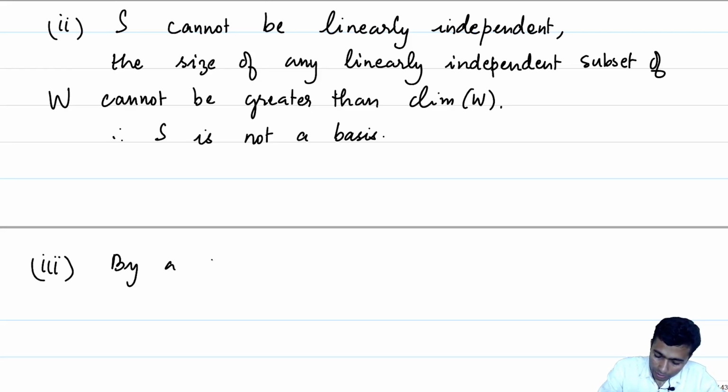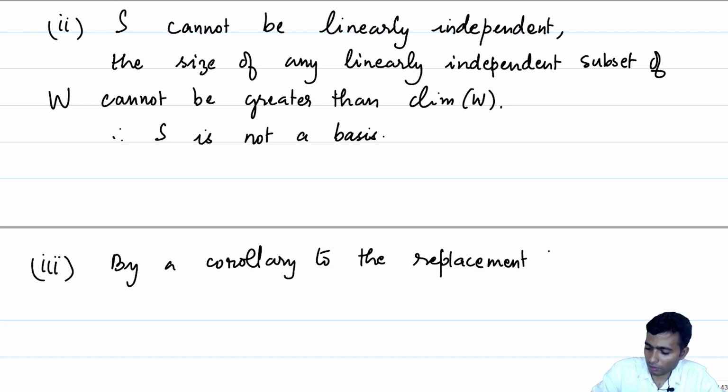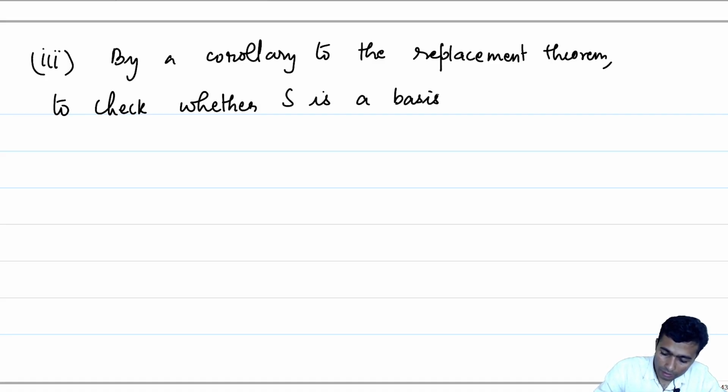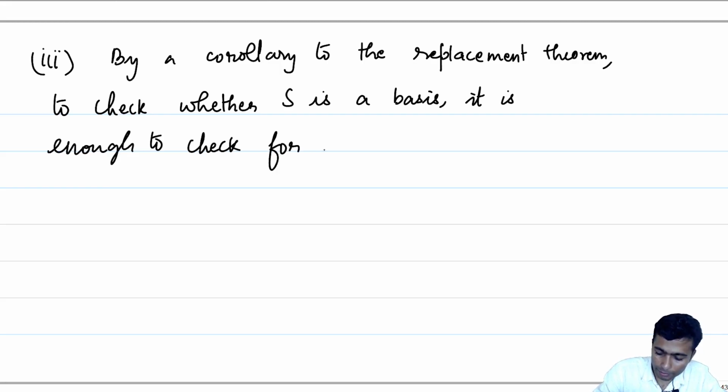By a corollary to the replacement theorem, to check whether S is a basis, it is enough to check for linear independence.